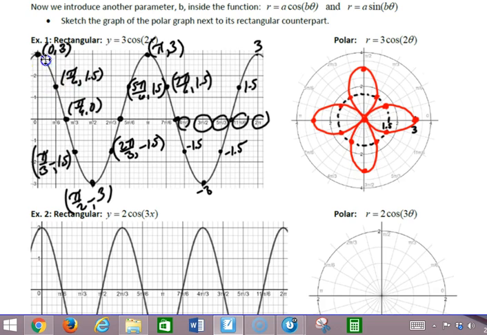Notice that the 4 petals correspond to the loops that are above and below the x-axis. If you imagine squishing the x-axis in from both sides until it formed a single point, which is what we have here, everything that's on the x-axis in the rectangular form is right at the center, at the pole in the polar form.